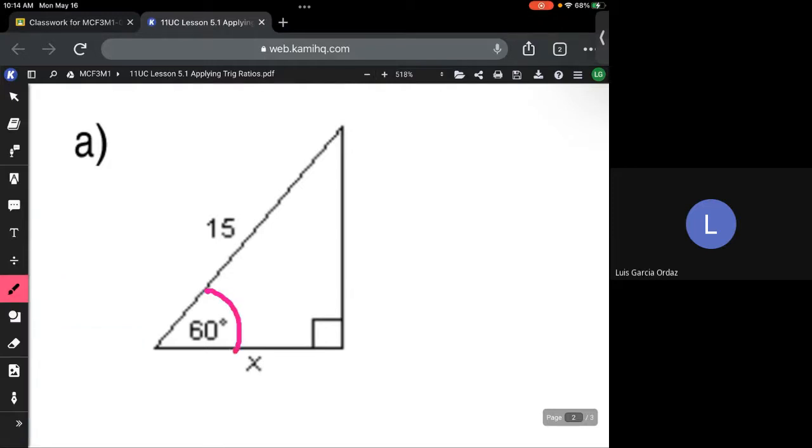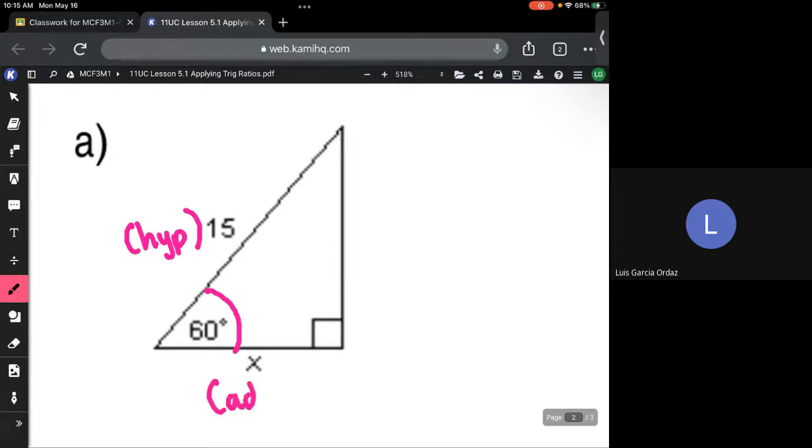Okay. So now we need to figure out what 15 and x are in reference to angle 60. So 15 is going to be what? Hypotenuse, opposite, or adjacent? Hypotenuse. Remember, we're using angle 60 as our angle of reference. What would the side where x is be? Adjacent.